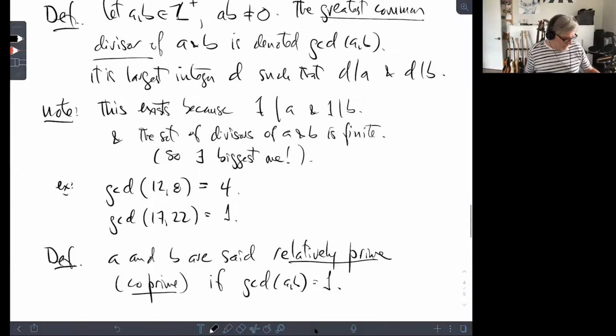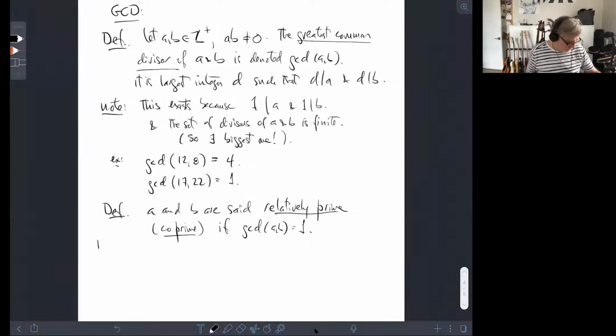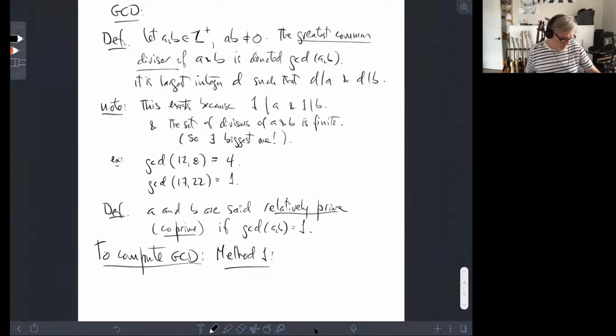Okay, so now let's say we want to compute such a thing. Well, one way, which we're going to see, would be to use the prime factorization. Okay, this works well unless the numbers get pretty big. So this is not efficient when A and B are big.